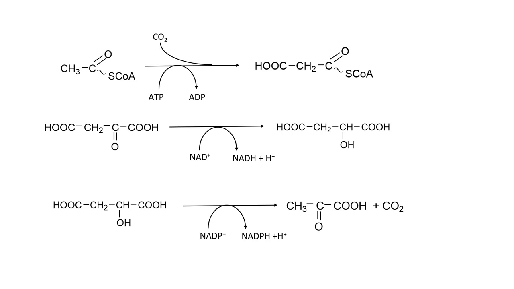Reduced coenzyme NADPH plus H forms as a co-product in this reaction. Another source for NADPH plus H formation is direct glucose oxidation that flows in the same tissues as fatty acid synthesis.